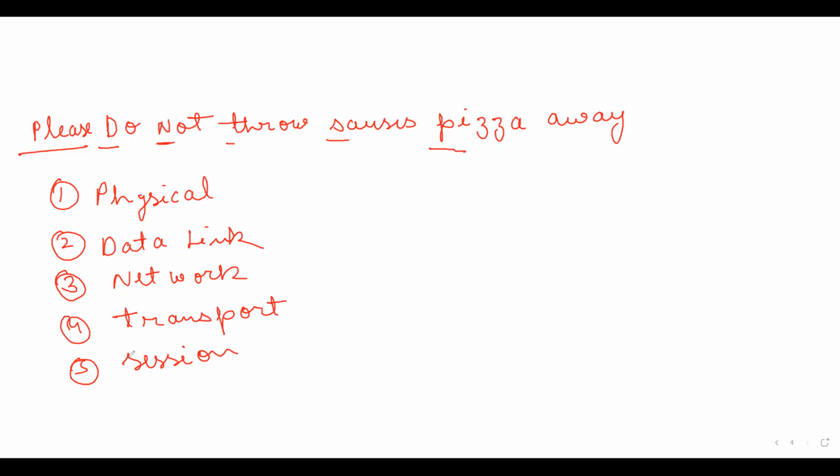Then pizza, presentation. Then away, that means application. So you can write application. Application is the 7th layer. 6th layer is presentation. 5th layer is session. 4th layer is transport. 3rd layer is network. 2nd layer is data link, and the first one is physical.